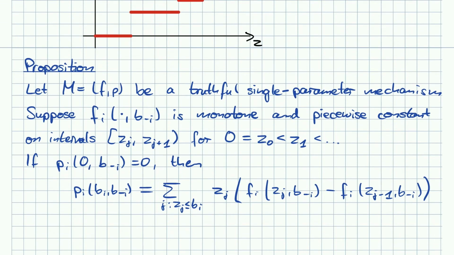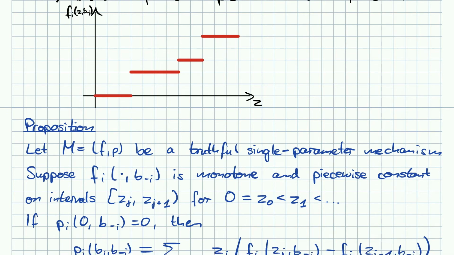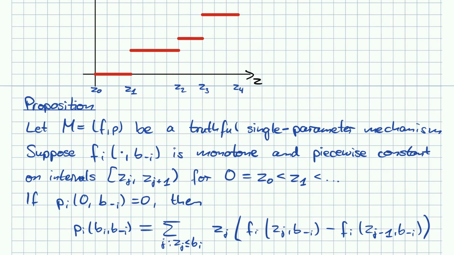Okay. Let's maybe, before we start with the proof, let's again look at our picture here. So what is now our notation? Our notation will be, this will be Z0, this will be Z1, this will be Z2, Z3, Z4, and so on. And what is it that now this function here is adding up?